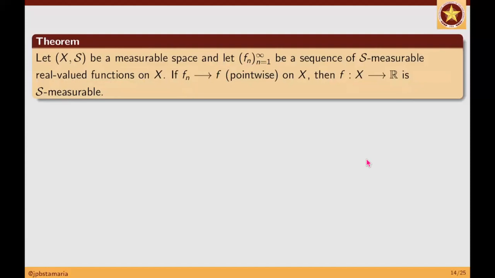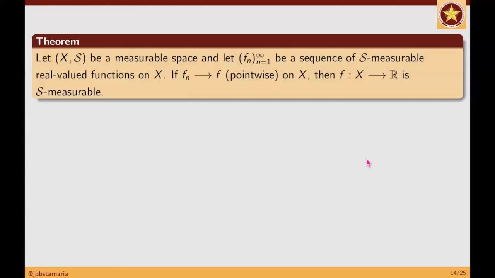So to state this alternatively, you can say that the pointwise limit of a sequence of measurable functions is also measurable. In other words, if your function was constructed using a sequence of measurable functions, then your function is also measurable.